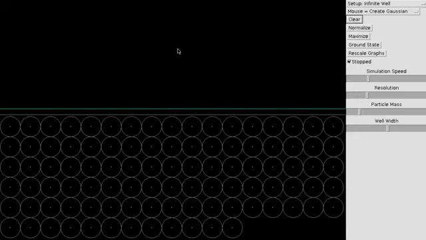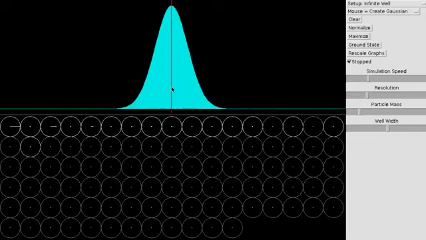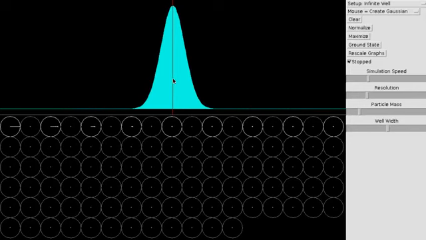Another thing I can do with this simulation tool is put a Gaussian into the system. So I'm going to put a Gaussian in here.